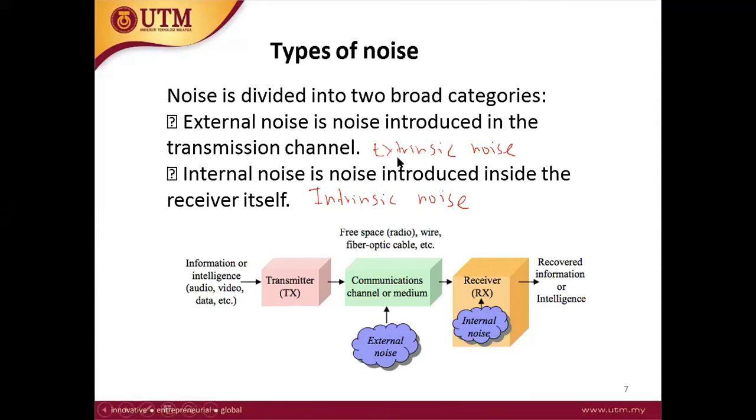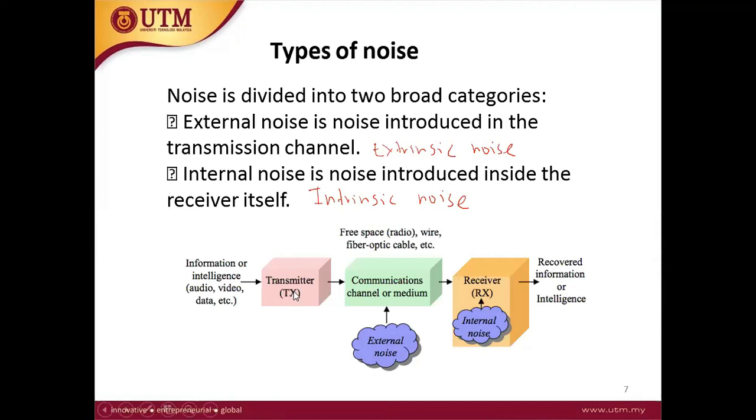Extrinsic noise is noise introduced into the transmission system, or noise coming from outside the system, the electronic circuit, the measurement, or the instrumentation. And intrinsic noise is noise generated within the system or electronic circuit itself.